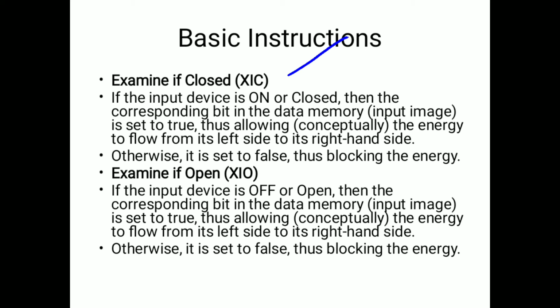And if the bit is set to false, then it will block the energy. So it is opposite to the XIC instruction. The XIO instruction is opposite to the XIC instruction.